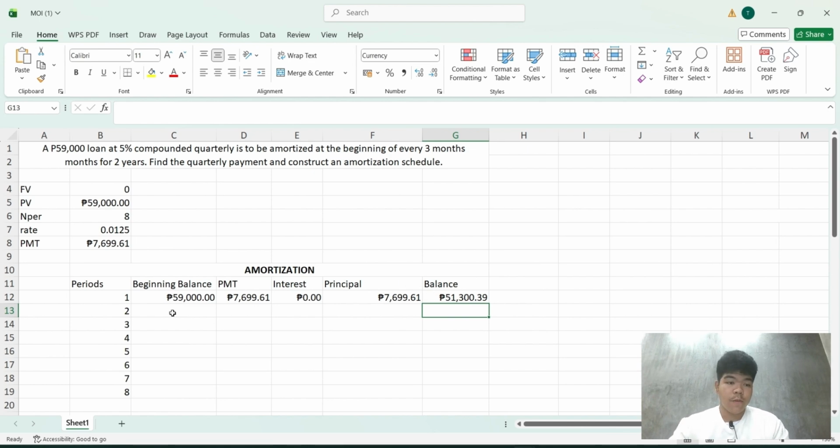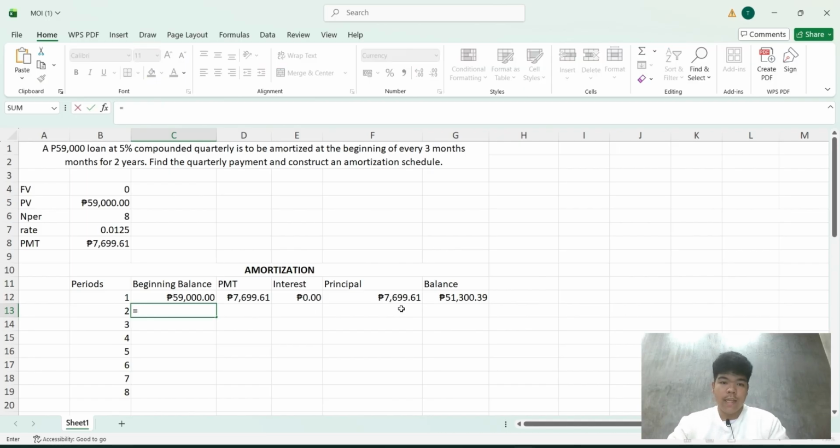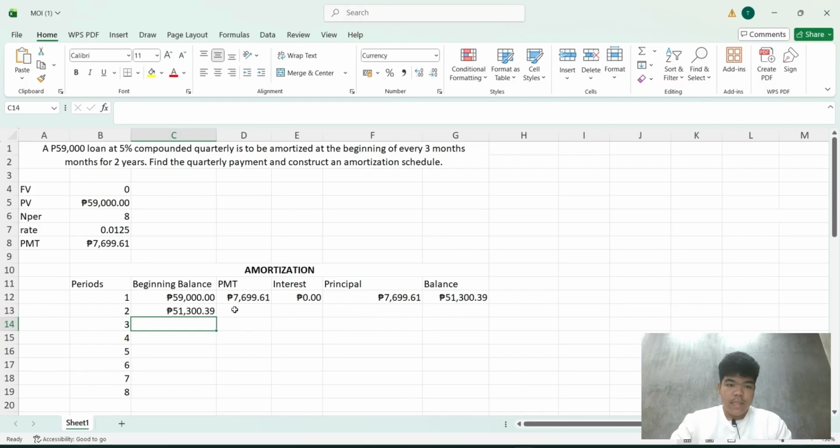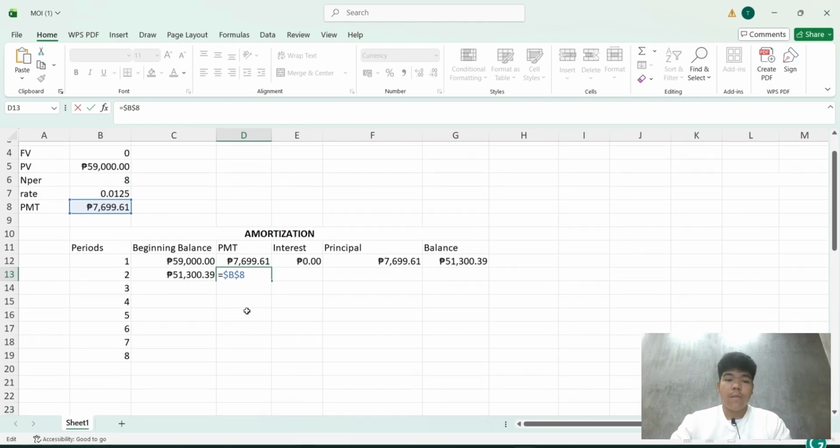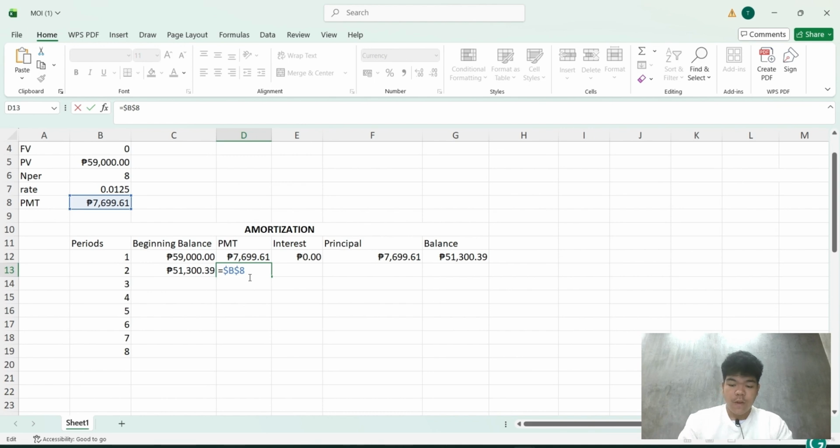Move on to the second period. Click the first cell, type the equal sign, and select the balance that we have and enter. Now following the order earlier, first we type the equal sign and click the PMT. But before we actually press enter, we will put dollar signs on both sides of the letter D. We put down the dollar sign because our PMT here is a constant that will not change as the amortization continues. We press enter.